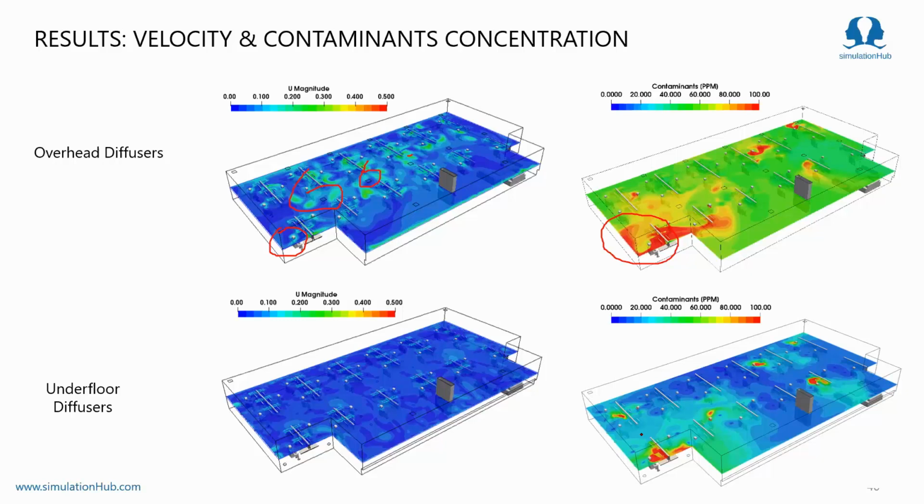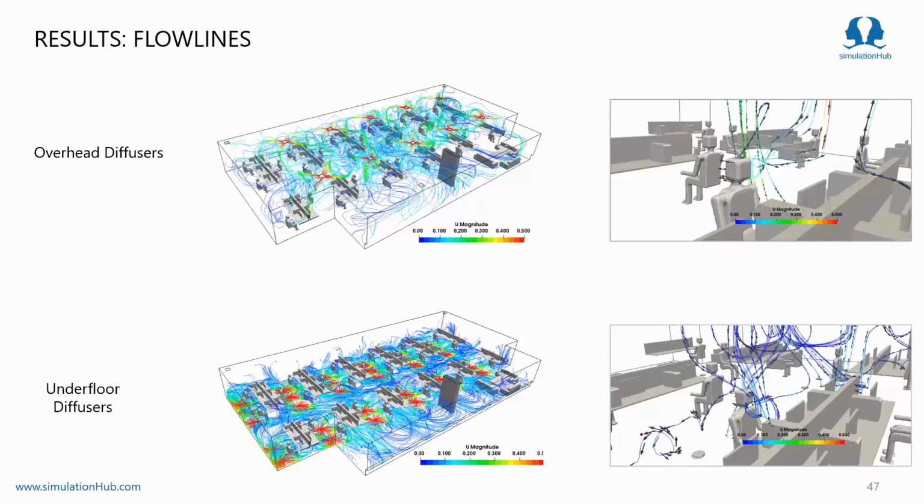Now, let's analyze the flow pattern of each diffuser in detail. You can see over here, this overhead diffuser is a CAV square plaque diffuser. So you can clearly observe the Coanda effect. Actually, it is very essential and required for achieving good thermal comfort, but this is not recommended when airborne infection type contaminant is present.